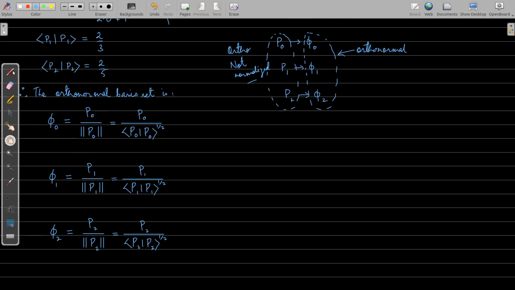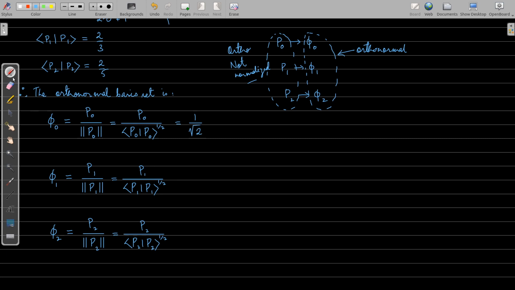Okay, so this is going to turn out to be equal to, you can work this out for yourself, 1 divided by root over 2.